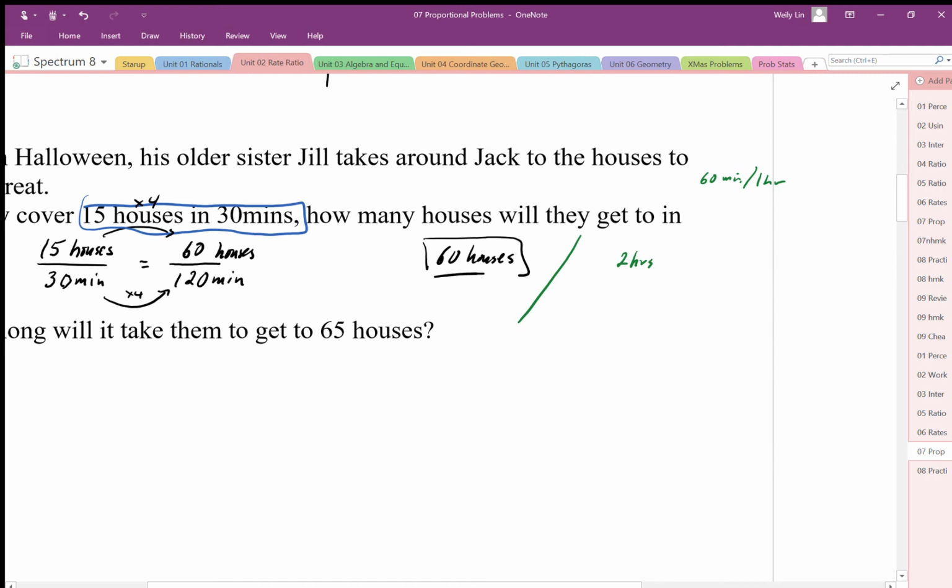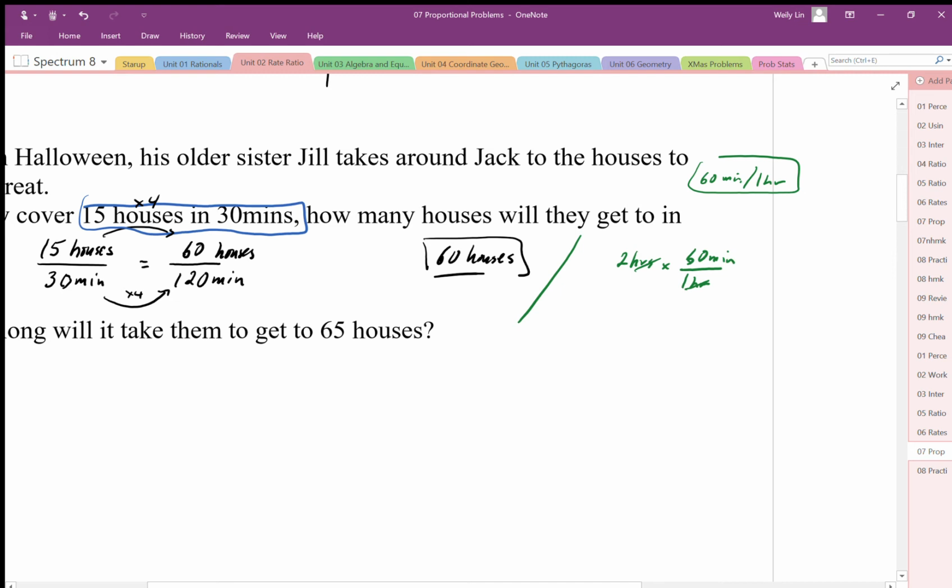So I can use this. This is a rate as well. And remember my unit analysis, we just need to keep track of the rates. If I want to convert it into minutes, I do 1 hour on the bottom so that the hours cancel out and 60 minutes on top.